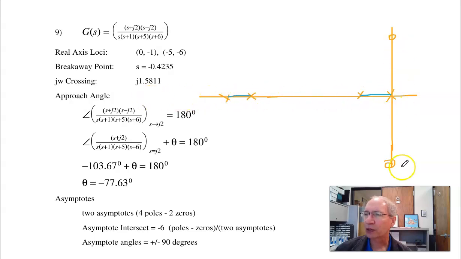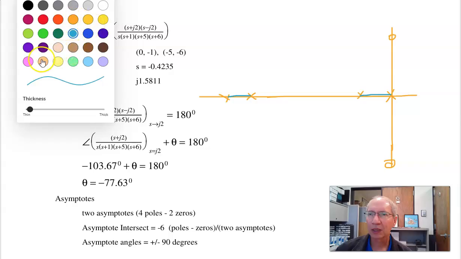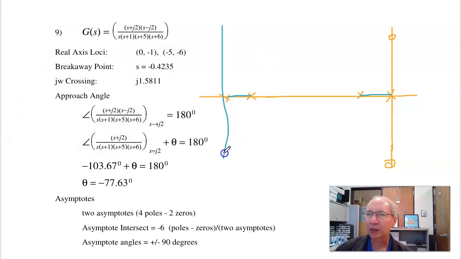I've got 4 poles, 2 zeros, 2 extra poles, gives you 2 asymptotes, angles plus minus 90 degrees, and the center of mass, the asymptote intersect, is at minus 6. Right here. So there's the asymptote intersect. So this will go to that asymptote. This has split away right in the middle, pulled right by the zeros, and goes to the zero.